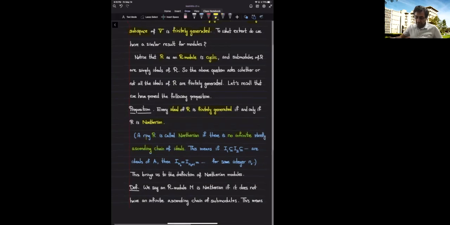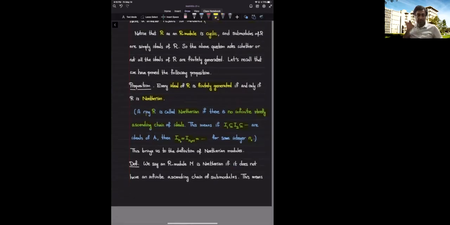What does that mean? This means that if I give you an ascending chain of ideals, then from some point on, they should be the same things. So I sub n naught should be the same as I sub n naught plus 1 and so on for some integer n sub 0. Okay, so this was the definition of Noetherian rings.